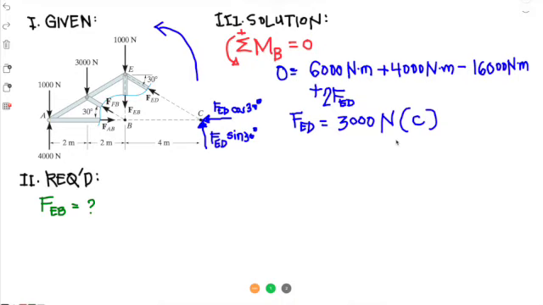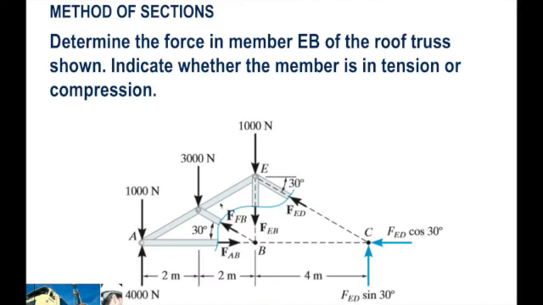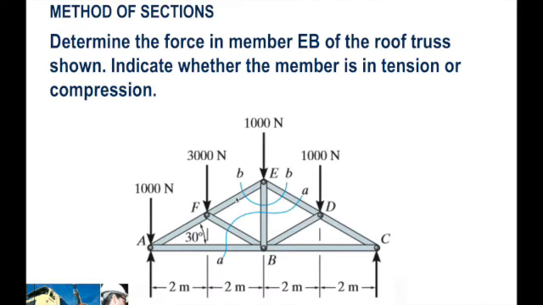Okay, so that's not what we're looking for. We're actually looking for FEB. So why did we solve for FED? Next, you can see that there is a hint here where you will do the sectioning.